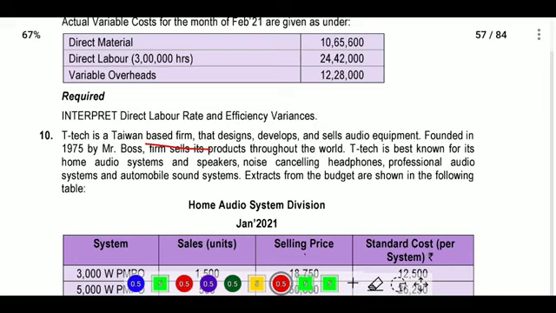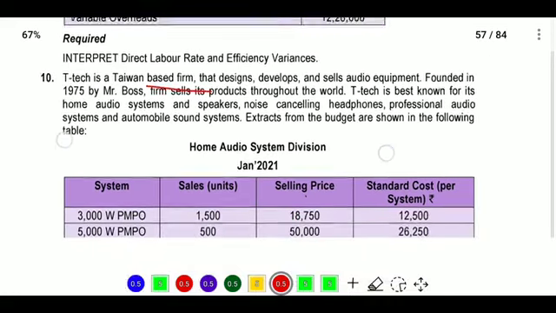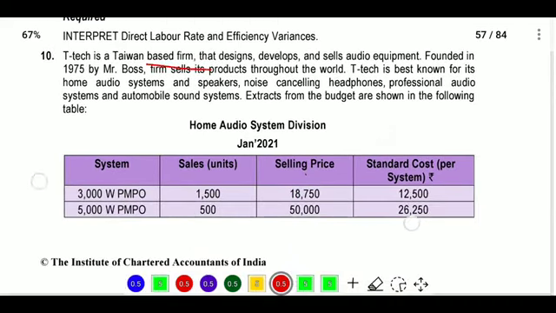T-Tech is best known for its home audio system and speakers. It has speakers as well as home audio systems, noise cancelling headphones, professional audio systems and automobile systems. Extracts from the budget are shown in the following tables.